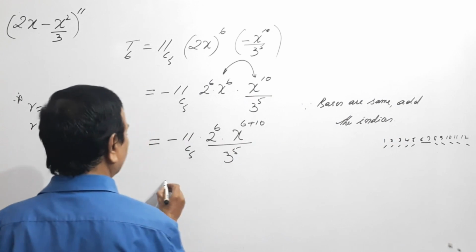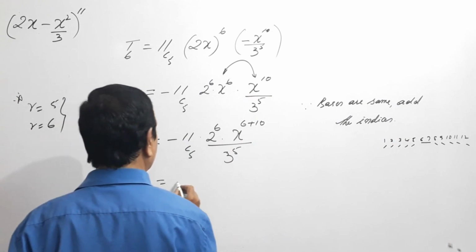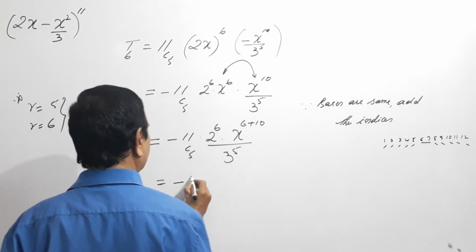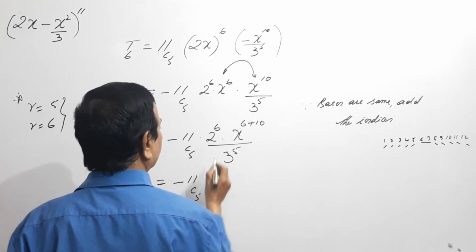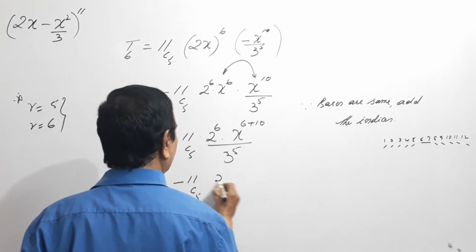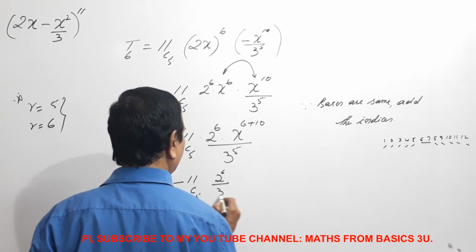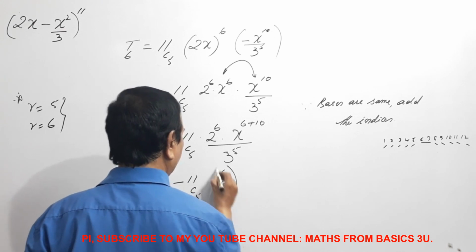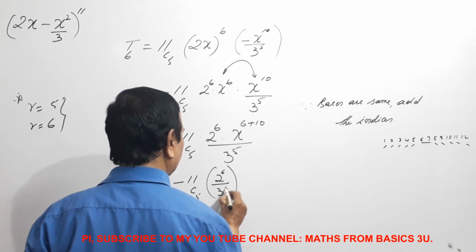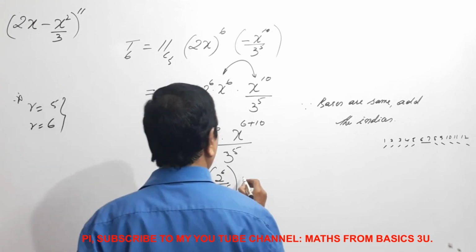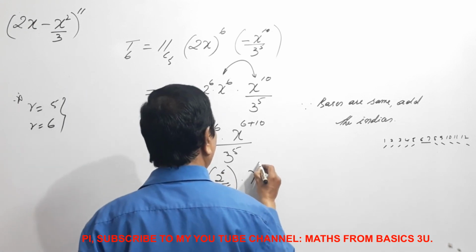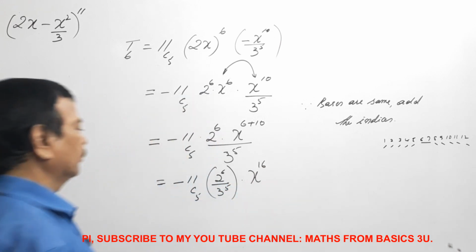So this becomes minus 11C5, 2 to the power of 6 divided by 3 to the power of 5, within a bracket, into x to the power of 16.